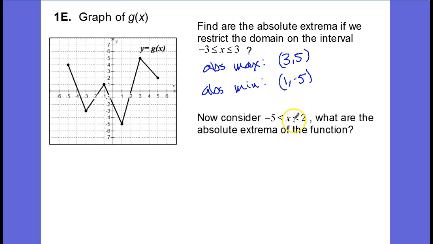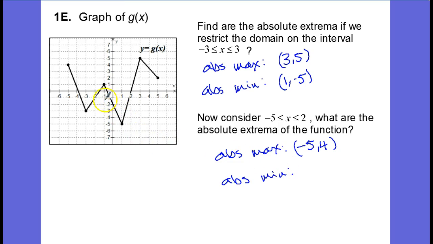Now they want me to open this up to include -5 to 2, and let's do this again. The absolute max from -5 to 2 is going to be located at (-5, 4), and that is an endpoint. Now let's look at the absolute min.